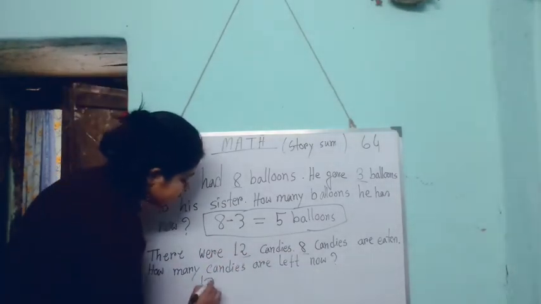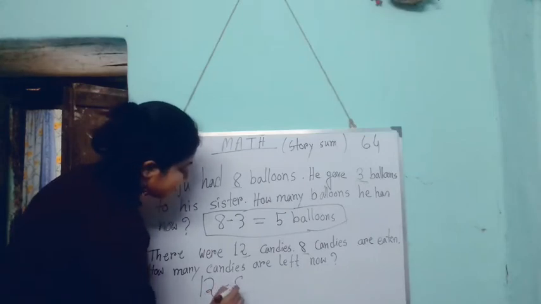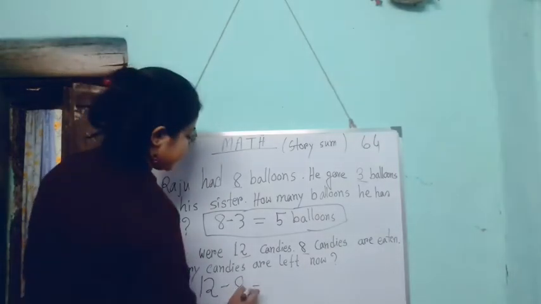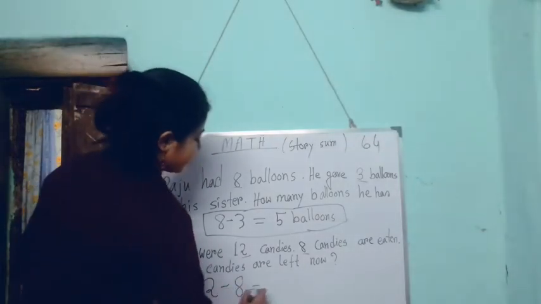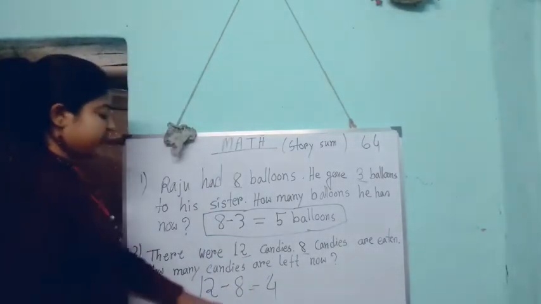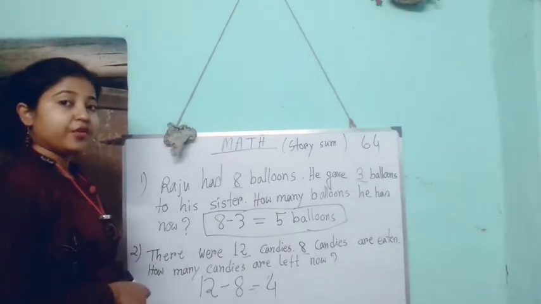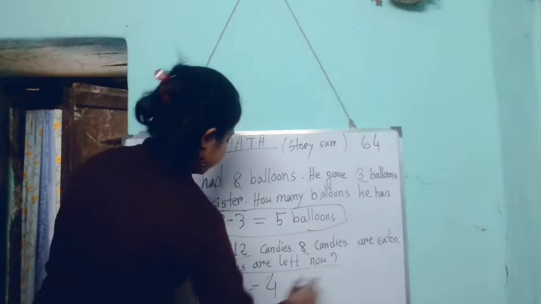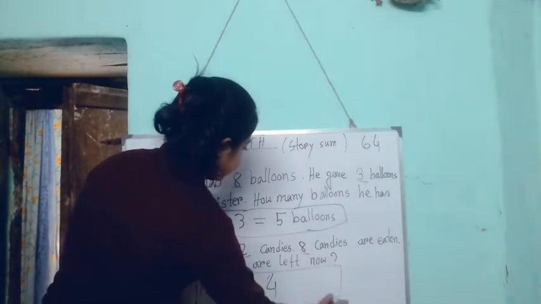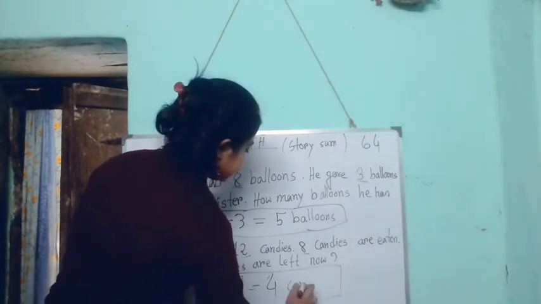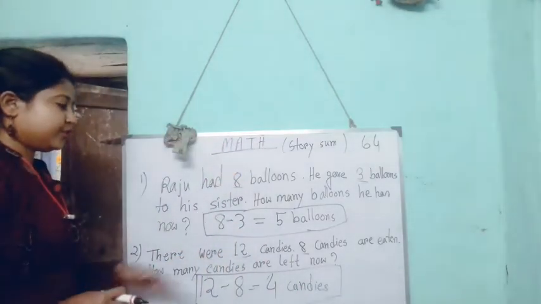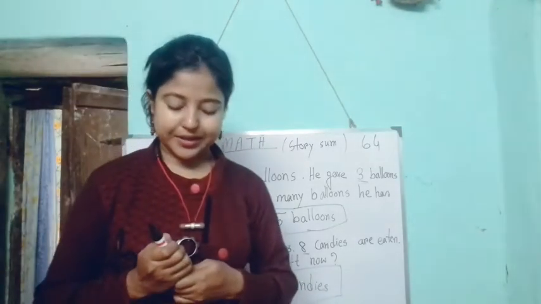So you will write 12 minus 8 equal to 4. So this is 4 candies. Right? 4 candies are left. So this is called story sum.